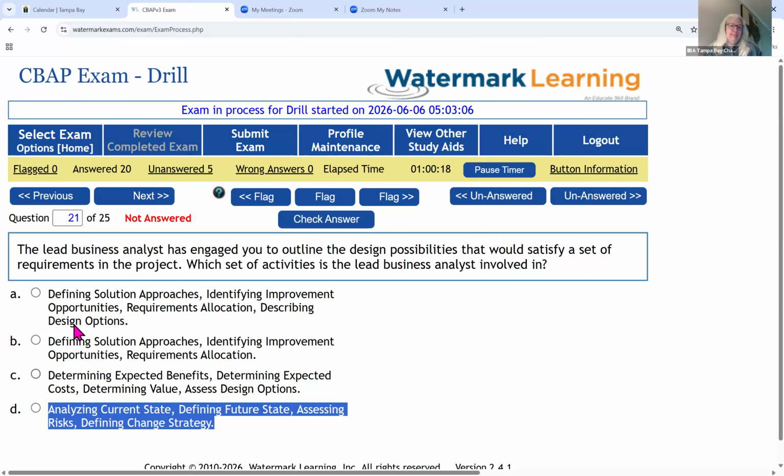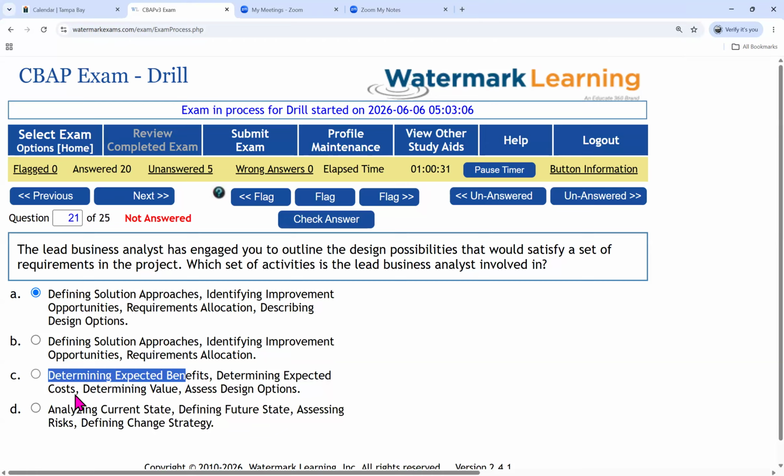Gabriella, what do you think? It could also be C because of determining expected benefits. That was mentioned. So you like this one. How about this?